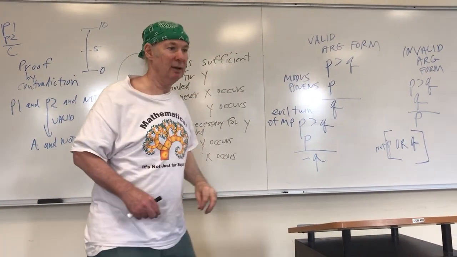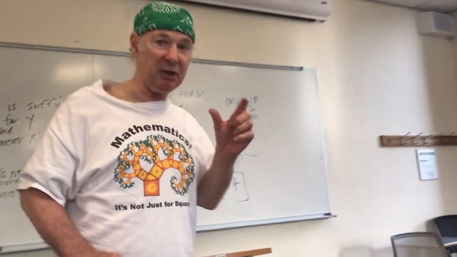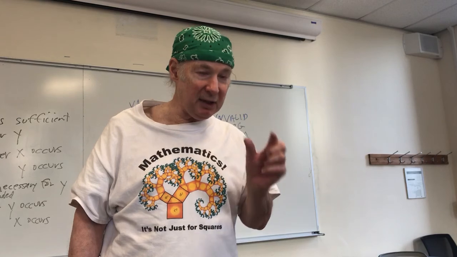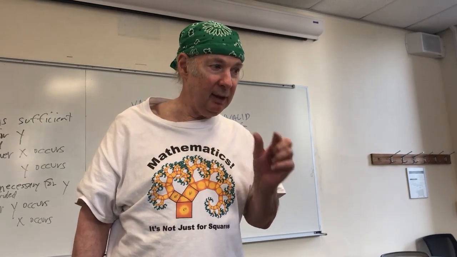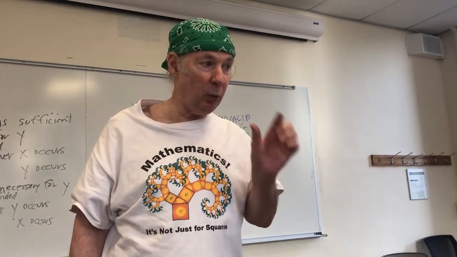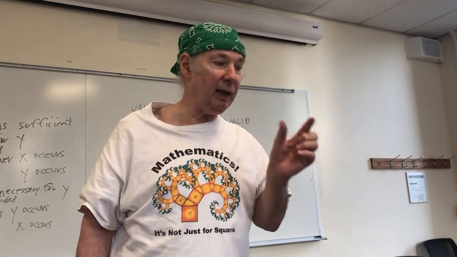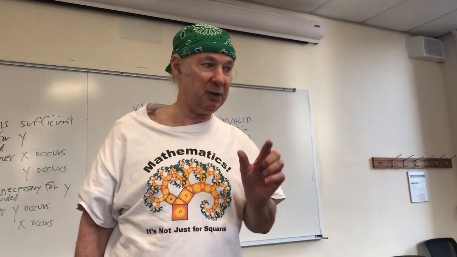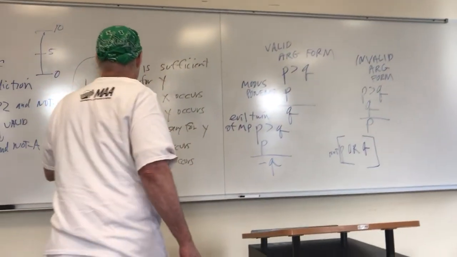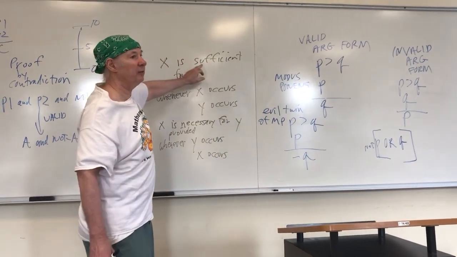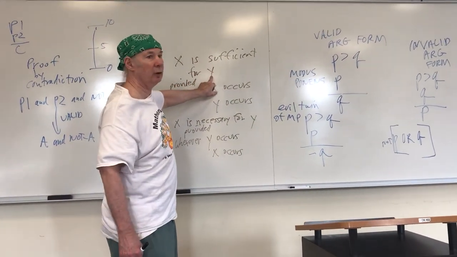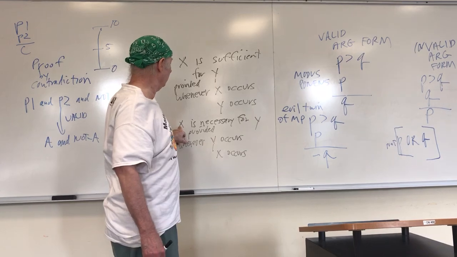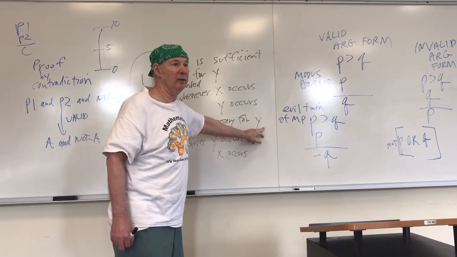Notice that necessary and sufficient conditions are the flip side of one another. If X is sufficient for Y, then Y is necessary for X. So, if fire is sufficient for fuel, then fuel is necessary for fire.